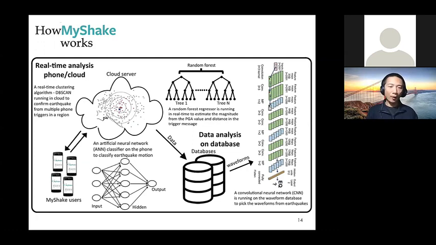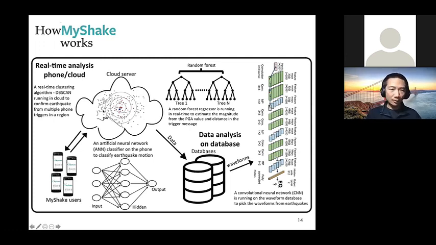On the phone, you just saw that we use the phone differently, like running, walking, and so on. So we implemented an artificial neural network approach running on the phone in real time to determine whether the movement of the phone is due to an earthquake or not. If it is, it sends data back to the cloud server.